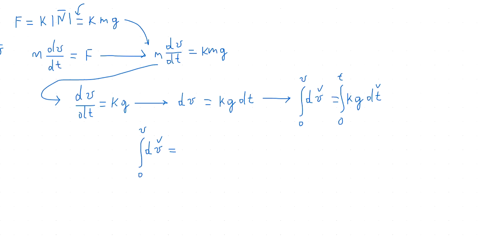So it will be just the integral of dv, v from 0 to v, and this is equal to v minus 0, and this is equal to v.